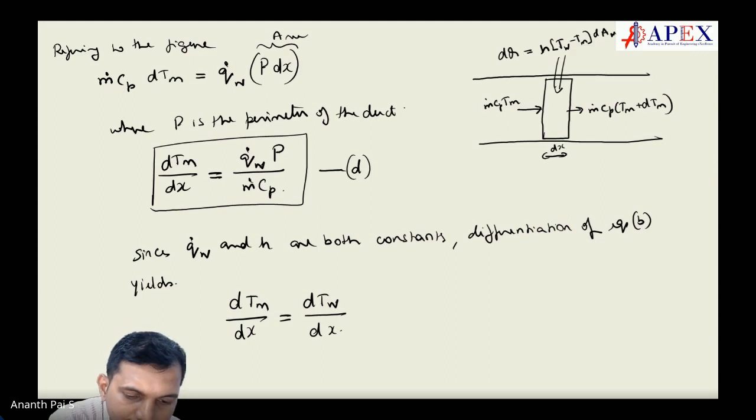Correct. And what is dTm by dx? Q dot p by m dot cp. Right.